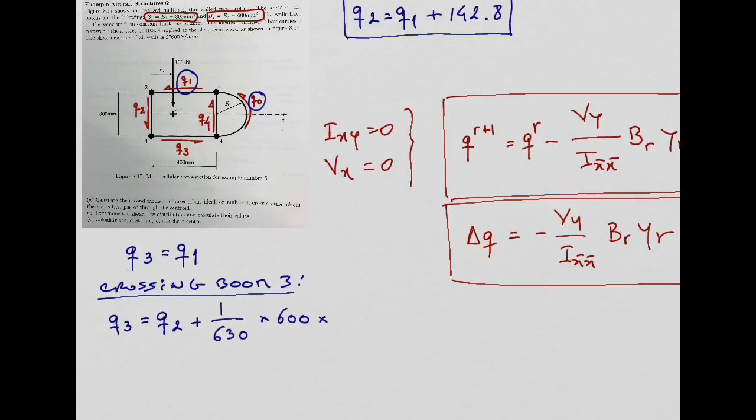The distance to the neutral axis, this is important now. We need the distance, not the square of the distance, right? So boom number 3 is below the neutral axis, so the distance should be minus 150. Okay? This is an important point.